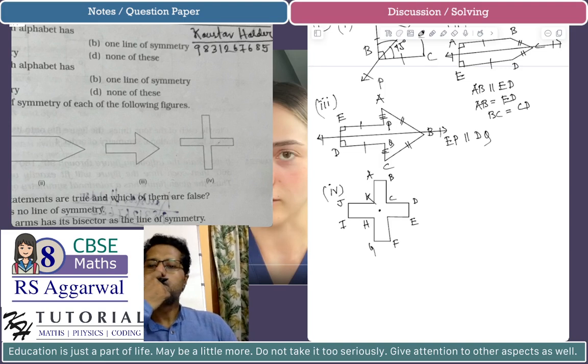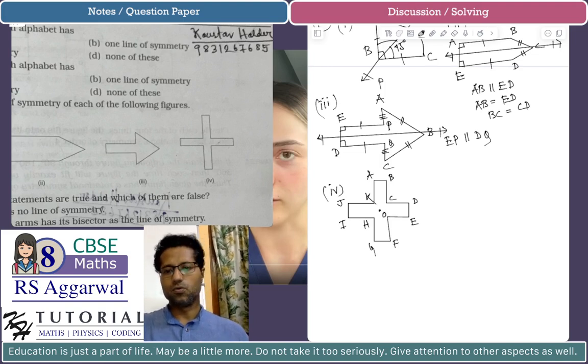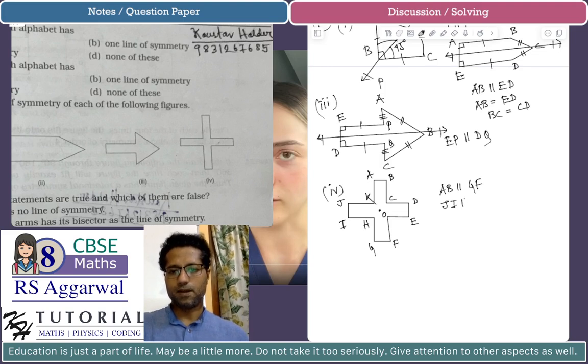I think there are four lines of symmetry. If this is the center O, we will have AB parallel to GF, and we will also have JI parallel to DE.